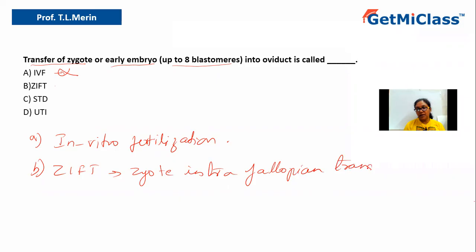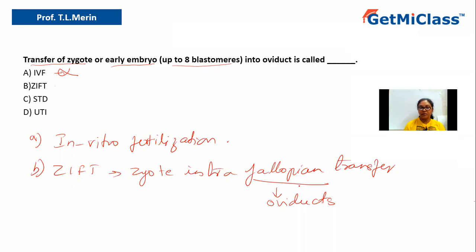So what do you mean by intrafallopian transfer? Fallopian refers to the fallopian tube, which is also called the oviduct. There are a pair of oviducts in the female's body, and within the fallopian tube only, the fertilization occurs in normal condition.